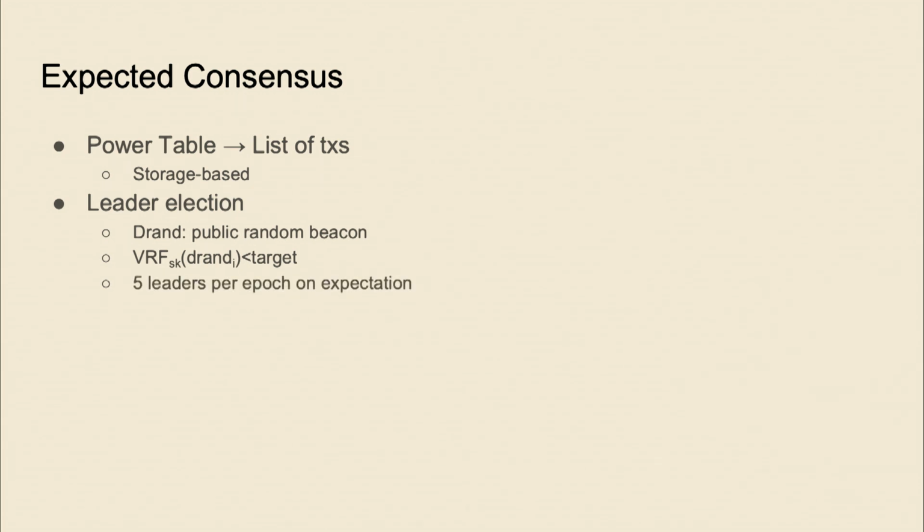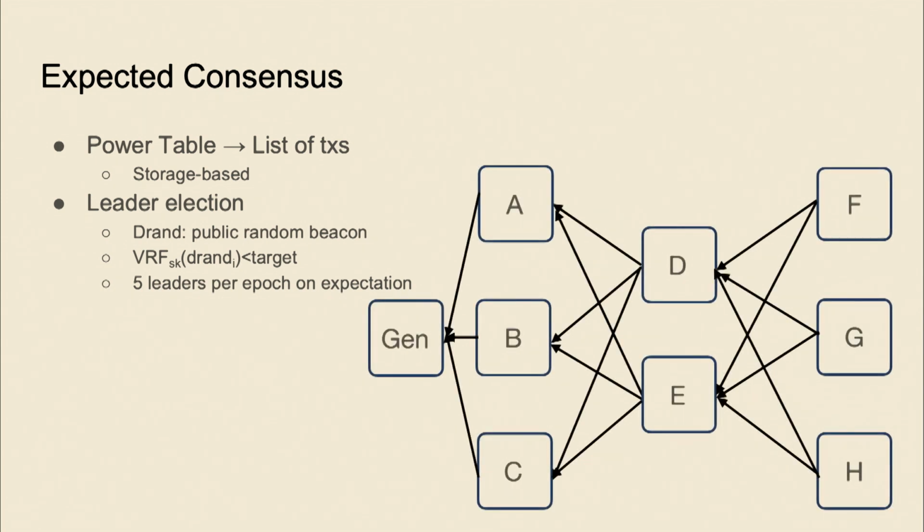The target in this lottery is set such that, on expectation, there are 5 leaders per epoch. And since we now have multiple leaders in one epoch, we allow multiple blocks on the same height of the blockchain. So the blockchain in Filecoin is actually a DAG, a directed acyclic graph, instead of a single chain.